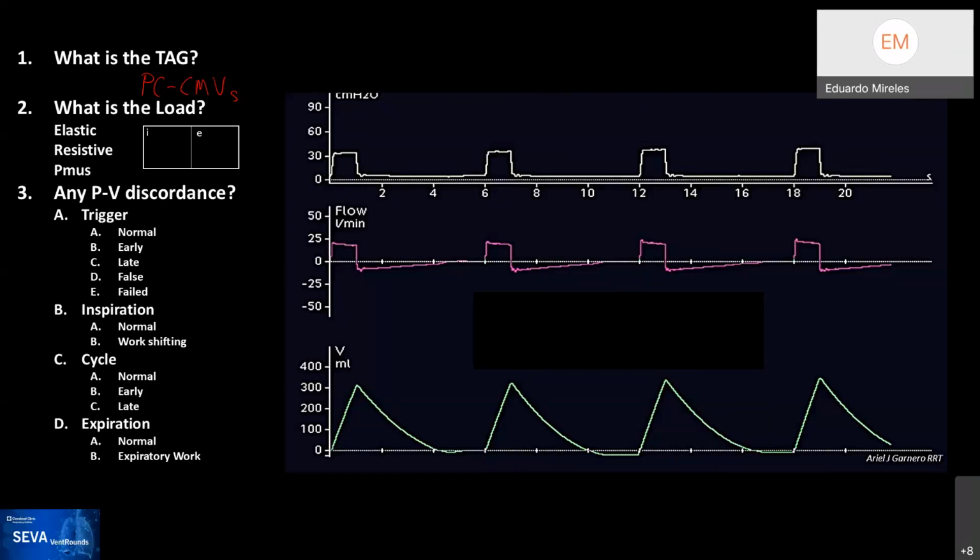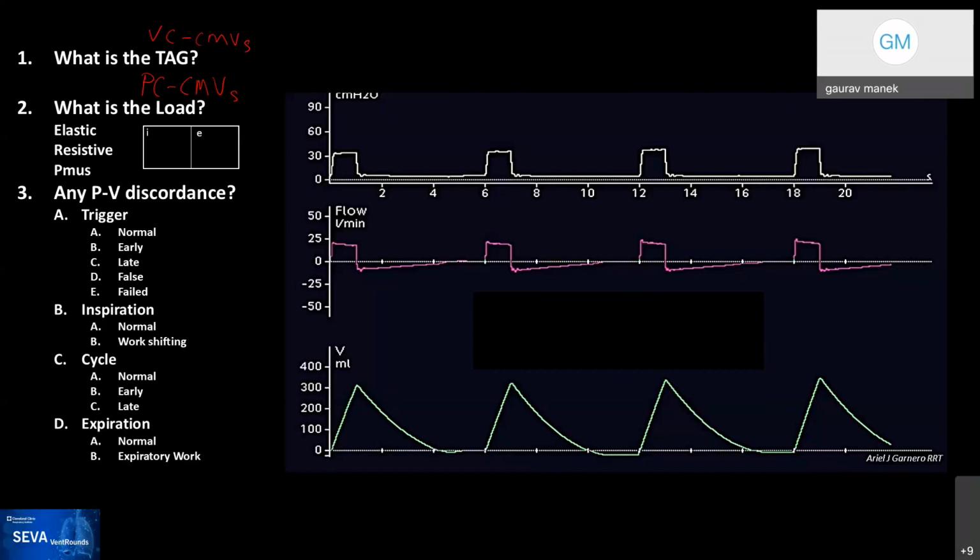Sure. Because everything just looks so similar, it's hard to guess the tag. But the volumes are not changing. Okay, let's just go with VC for now because it's the square waveform for the flow. And you can see that with VCCMVS.